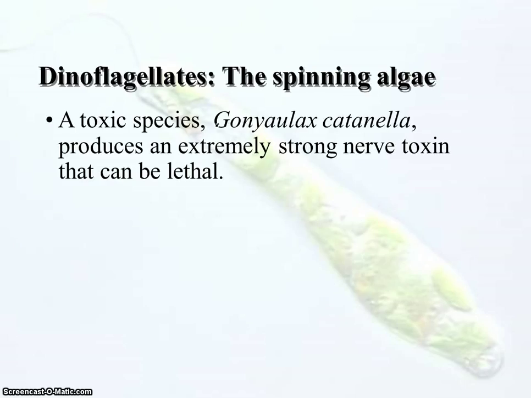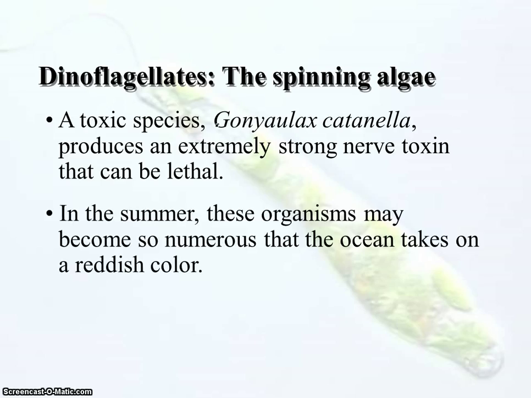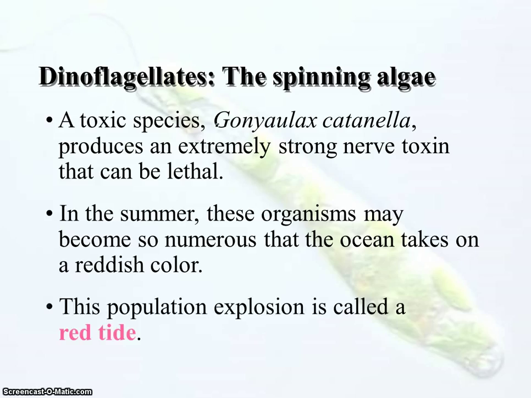There is a toxic species. It produces a really strong nerve toxin. It's a defense mechanism, okay, of these spinning algae. During the summertime they can be found in numerous areas in the oceans, at the surface of the oceans during their reproductive times, and they can cause parts of the ocean or maybe ocean tides to look reddish in color, okay, because they do group together during parts of the summer during their reproductive times.